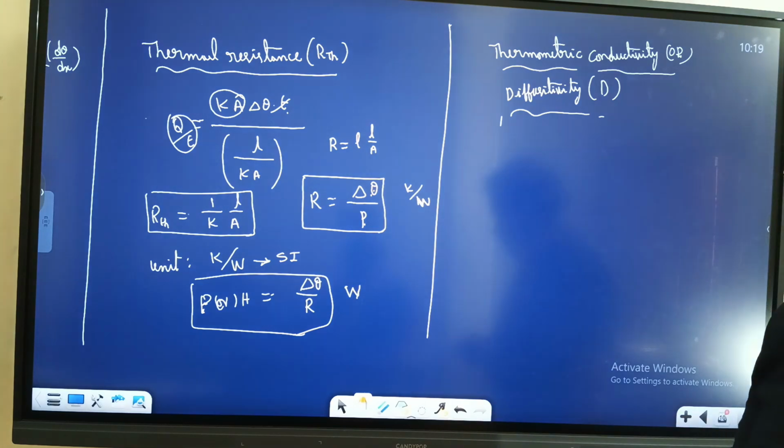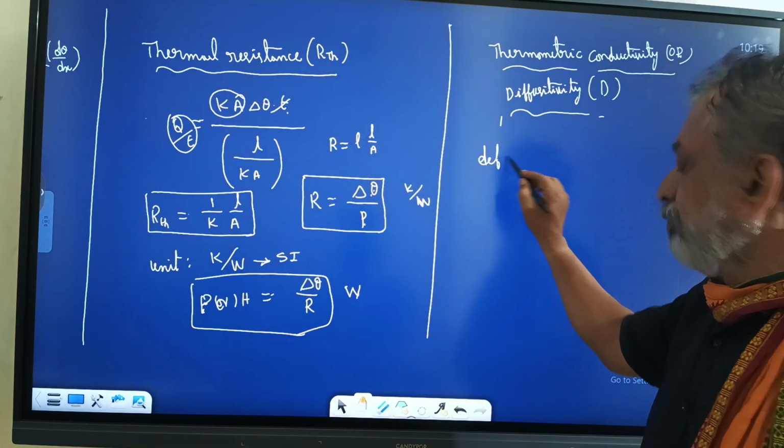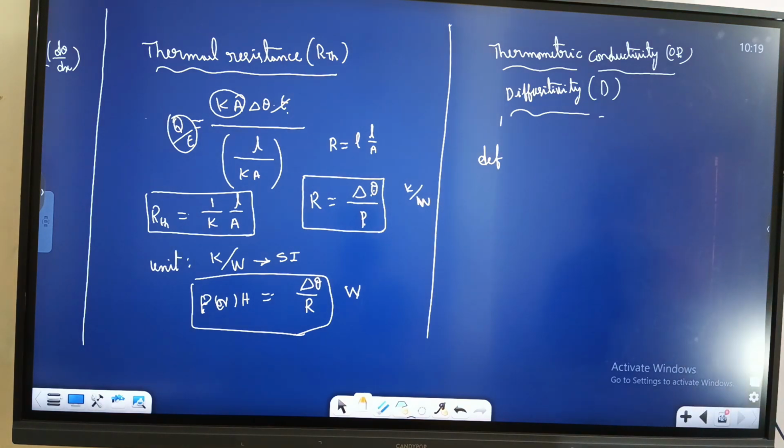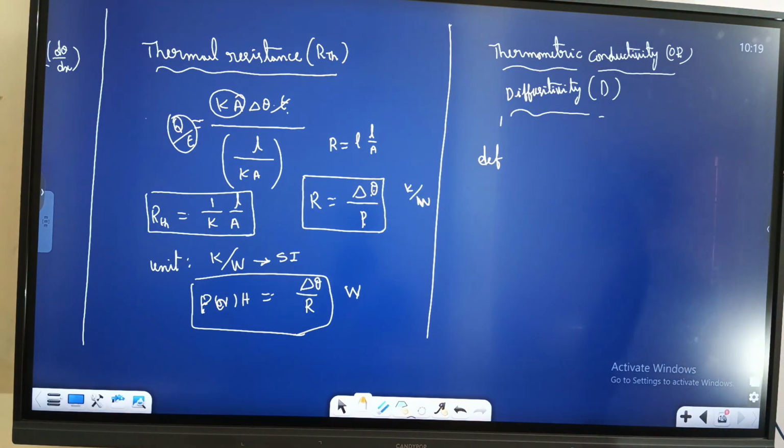Okay, now see the definition. Write the definition.